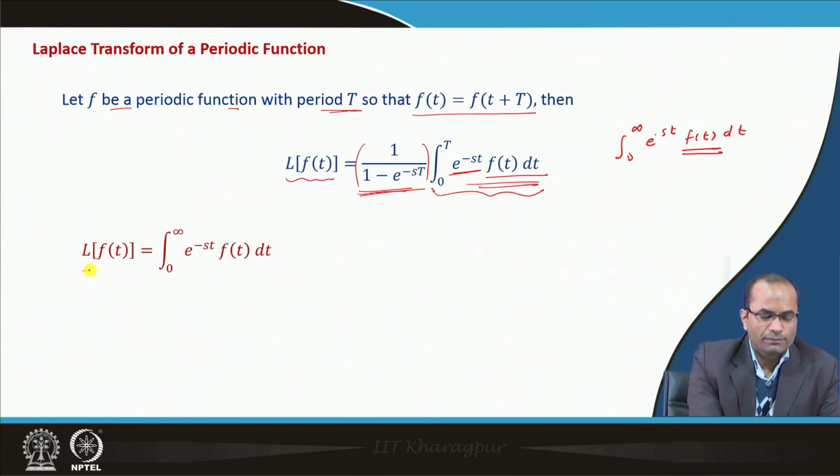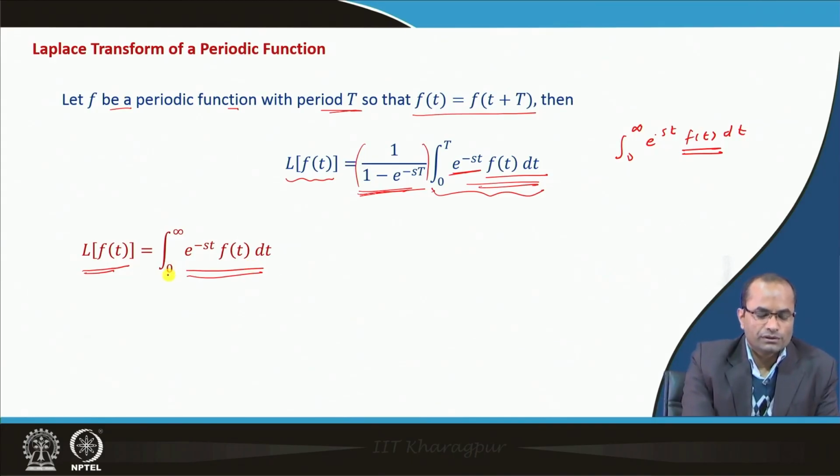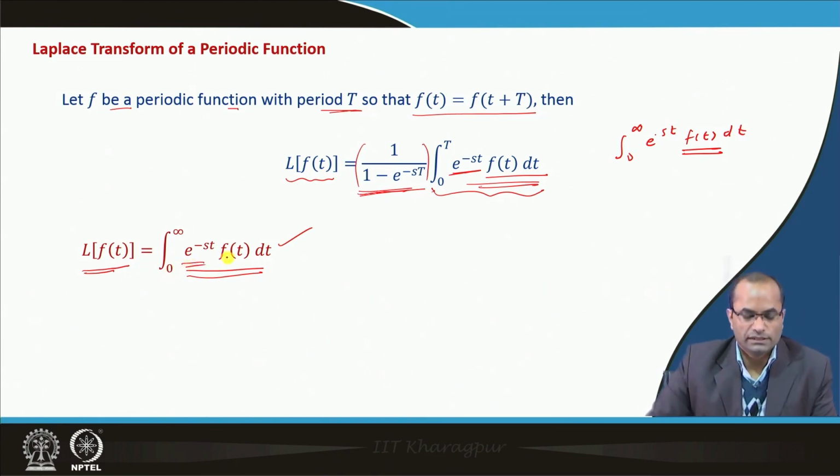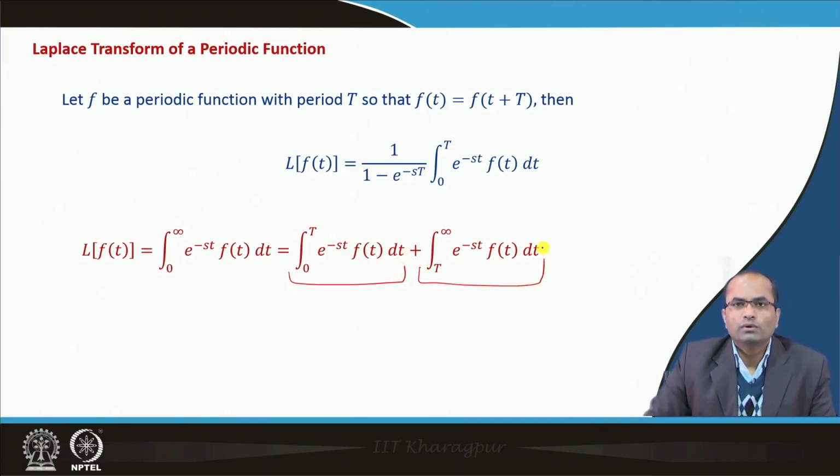So, if we compute the Laplace transform of f(t), that is the definition or the formula for the computation, where the integral will go from 0 to infinity with this e power minus st dt. So, this integral we will break into two. So, first is 0 to capital T and then capital T to infinity.